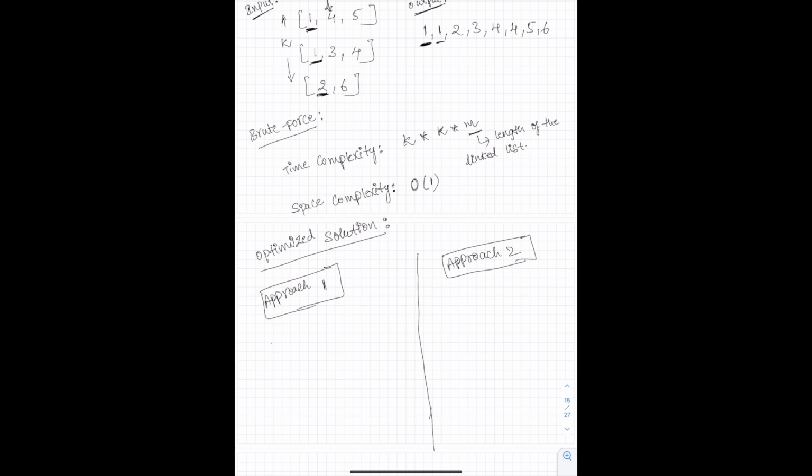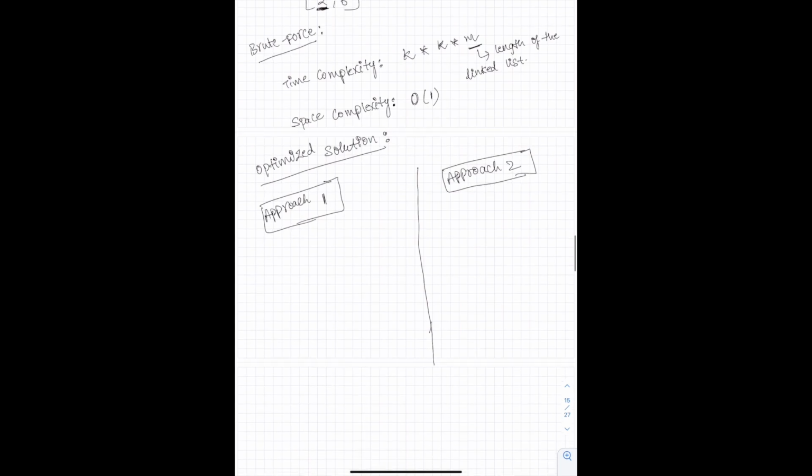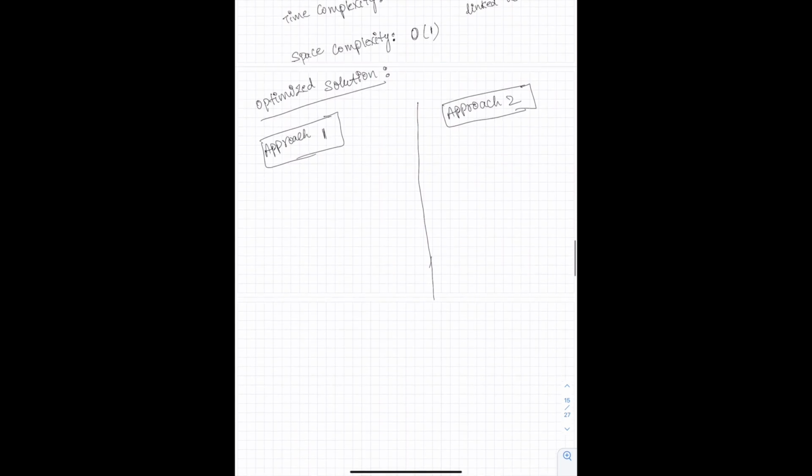Let's discuss something about the heap data structure here as well. With the heap data structure, we are going to use three methods. The first method is heapify, which is for creating the heap.